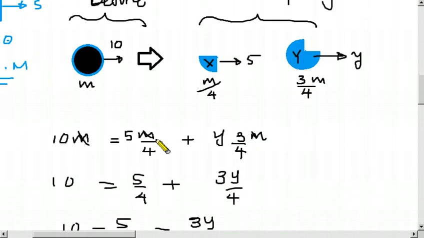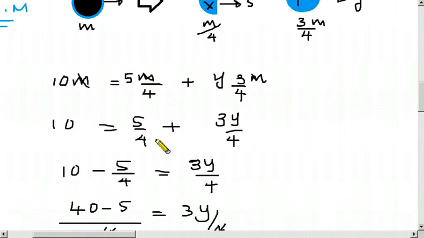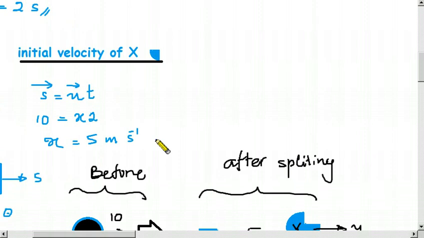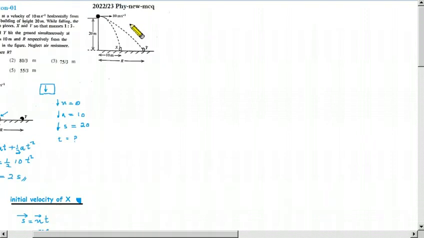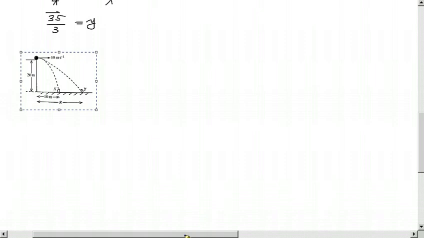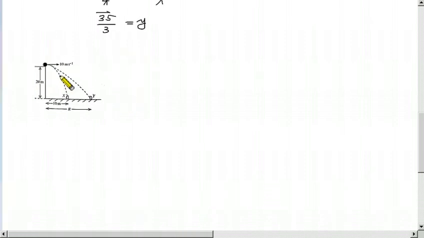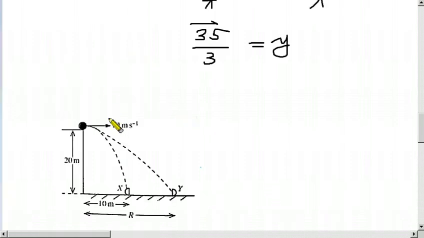So velocity of y. Now we know the initial velocity of y. So let us now calculate the projectile. So now we are considering this piece y.